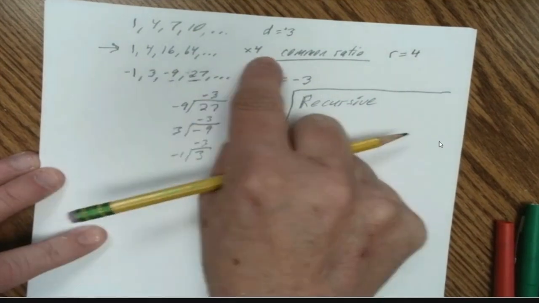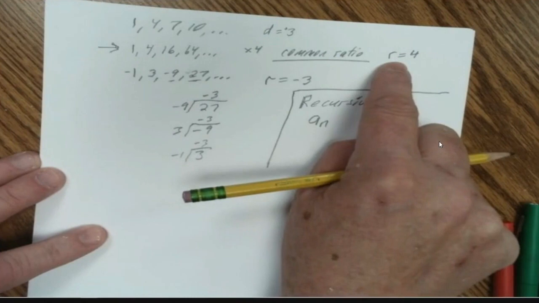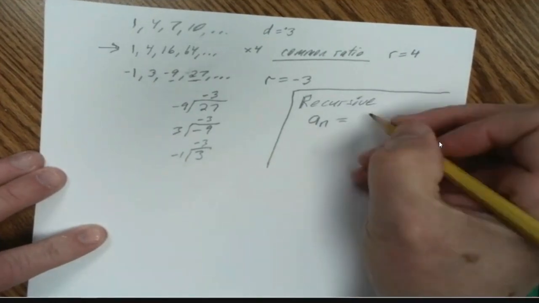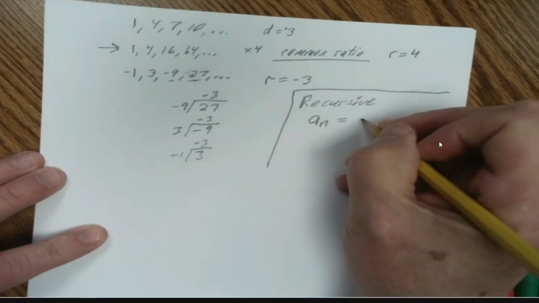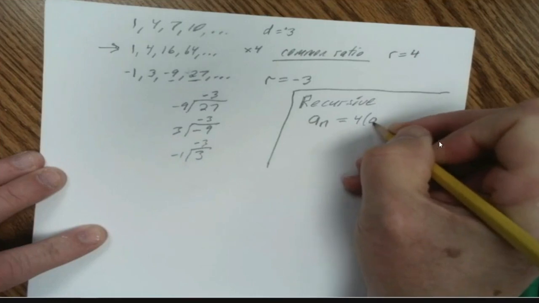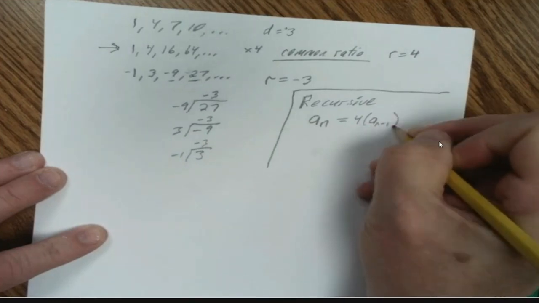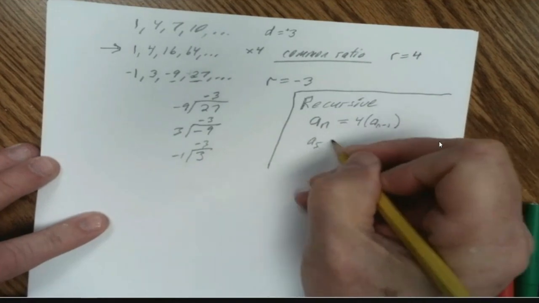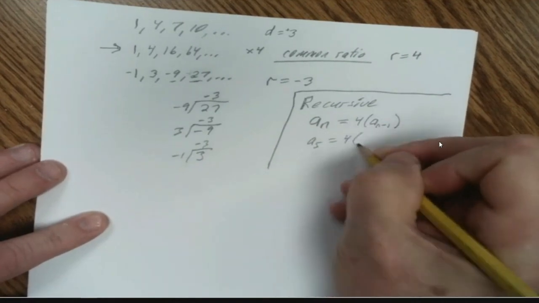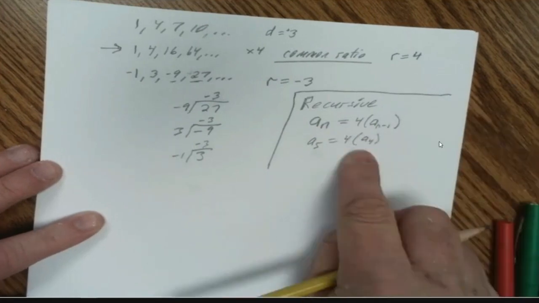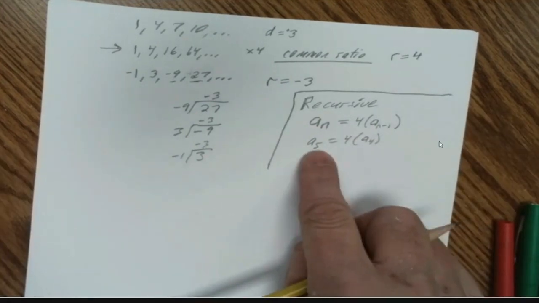Well, it has a common ratio of 4. So all we have to do is take the ratio, 4, and multiply it by a sub n minus 1. In other words, if we want to know the fifth term, we take 4 times whatever the fourth term is, a sub 4. Take the fourth term times the common ratio, and that tells us the fifth term.